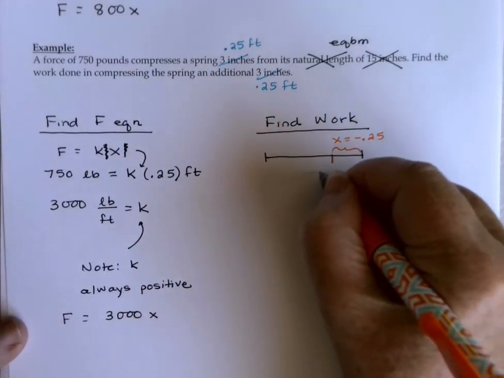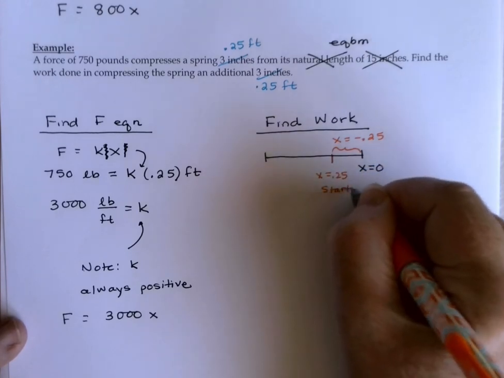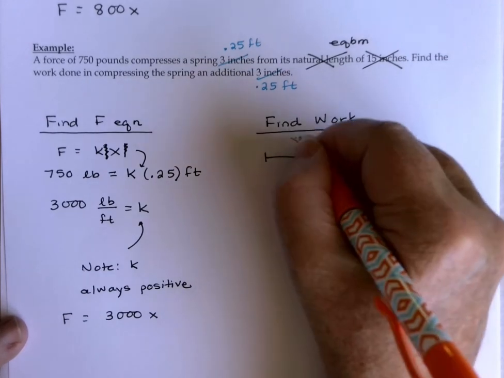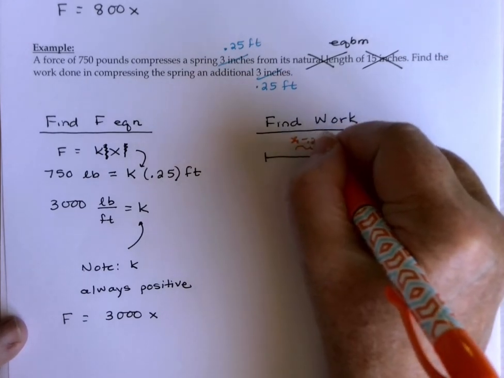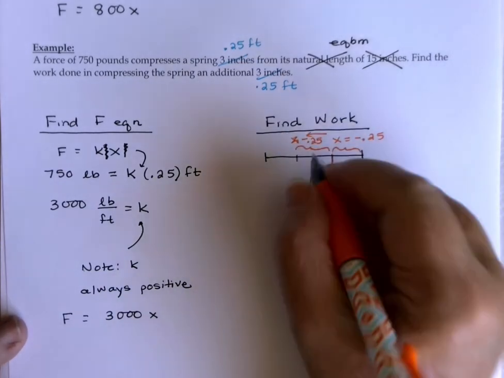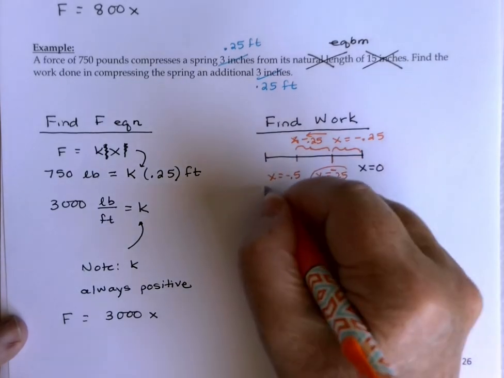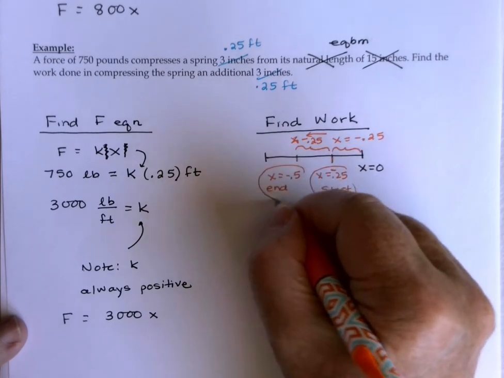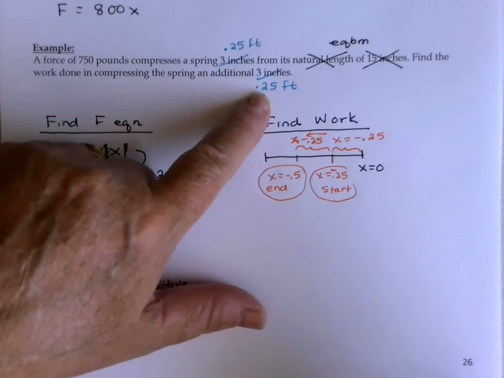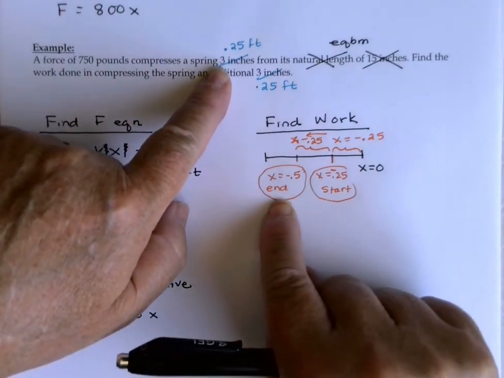So this is our starting position, and then to go back another quarter of a foot would give us an ending position of negative 0.5. Again, it was that word, an additional 3 inches or quarter of a foot. So from the first quarter foot, how much extra work to go back another quarter of a foot.